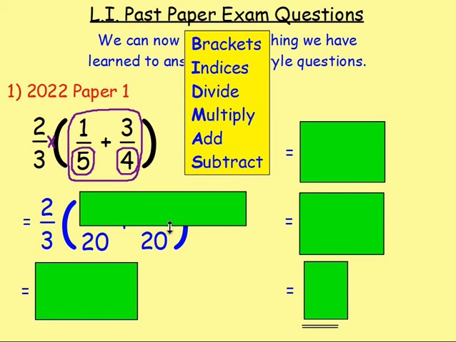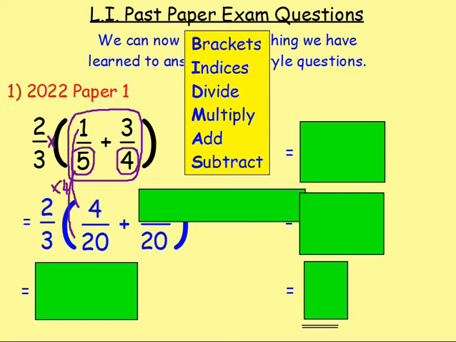So we're wanting to change them both to something over 20. In order to change the 5 to 20, what do you multiply by? Good, you're multiplying by 4, which means you would also multiply the 1 by 4 as well. So 1 times 4 gives us 4. In order to change from the 4 to a 20, what did we multiply by?